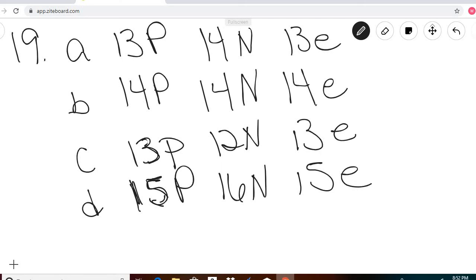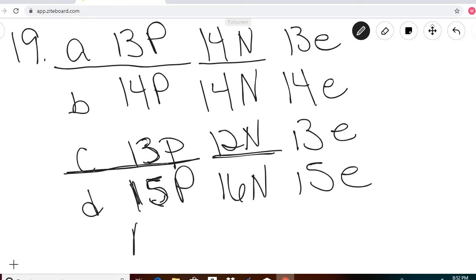So when we look at our choices here, A and C both have 13 protons, so that tells us they are the same element. And then if we look at their number of neutrons, we can see that A has 14 neutrons and C has 12 neutrons. So same number of protons, different numbers of neutrons. So A and C are isotopes of each other.